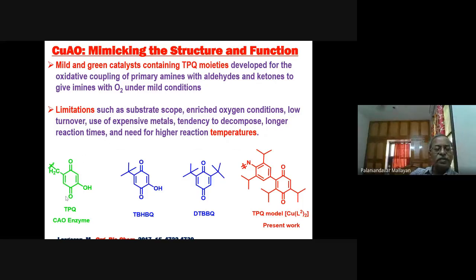See, just imagine this type of cofactor. Generation of the cofactor is difficult. People who have made this type of TPQ have got very interesting results. They published their papers in Nature that they were able to convert with this moiety alone.